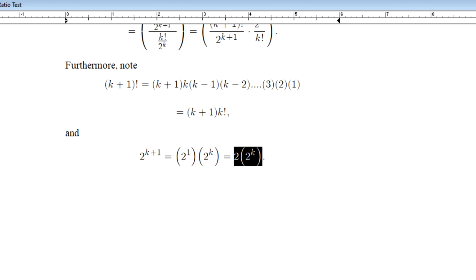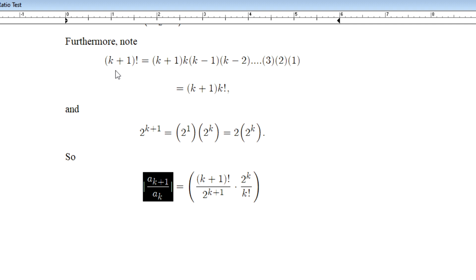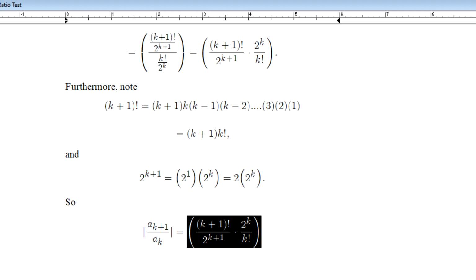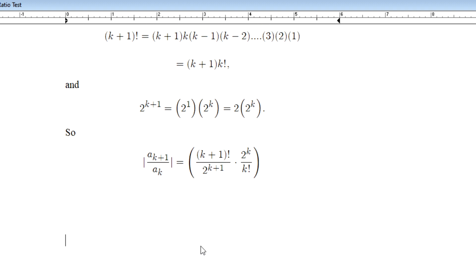In fact, if we begin to set up that understanding, so if we begin to think about that absolute value that we had before, furthermore note, we might note that this quantity that we had as our result there can actually be rewritten using what we had noted.